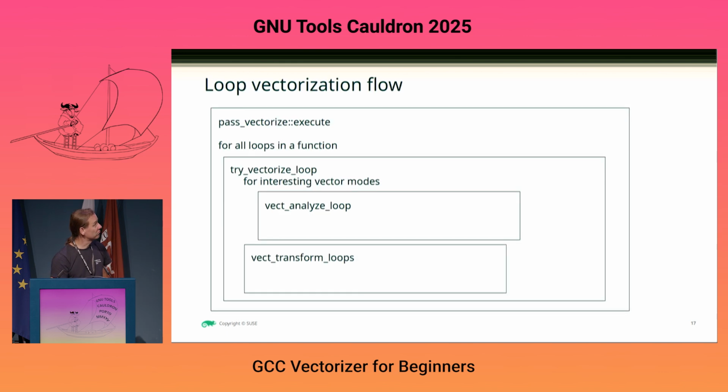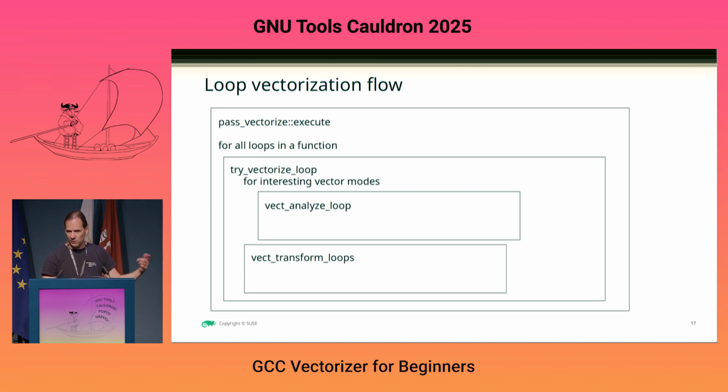So how does it work? The vectorizer starts in the vectorize pass. The execute function basically loops over all loops in the function. It then does try_vectorize_loop, and for each interesting vector mode, that is the vector modes returned by the autovectorize_vector_modes hook, it tries to analyze the loop.